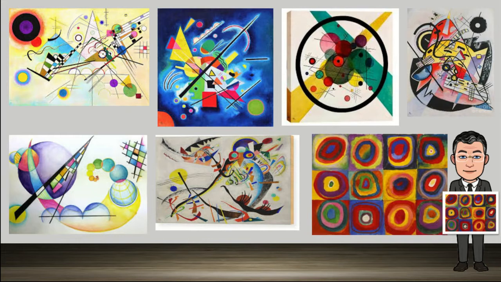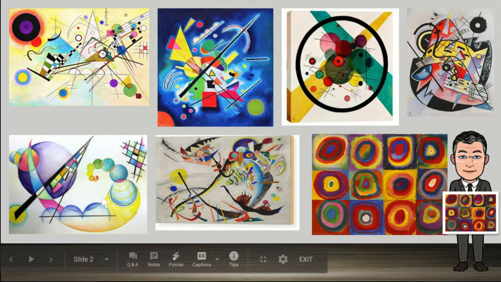What you'll notice or learn about him is he actually listened to classical music while he painted. So as you look through his pictures, I'm going to have us listen to a little bit of classical music, and you'll be able to hear and feel some of the brushstrokes and maybe see some of the music incorporated in his paintings here.